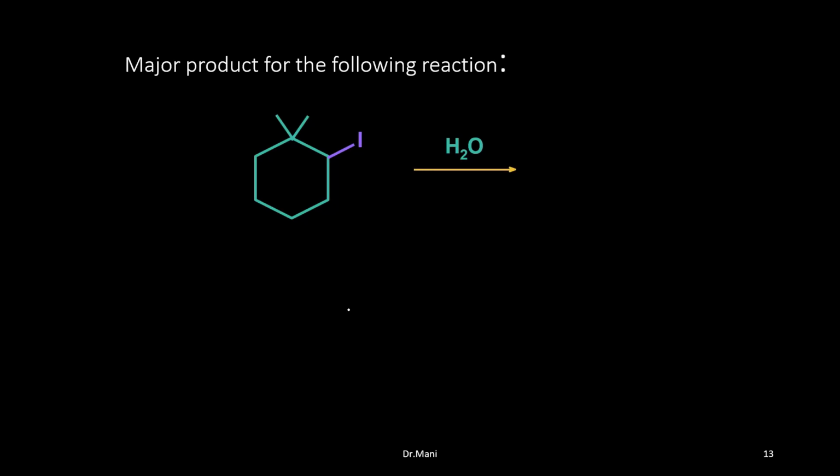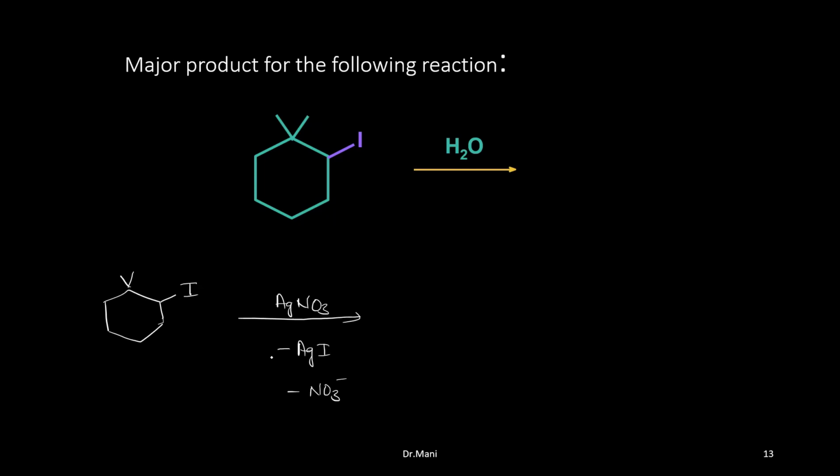So, major product for the following reactions. If you see this one, when I treat this in the presence of Ag and NO3, AgI will form and NO3 will form.